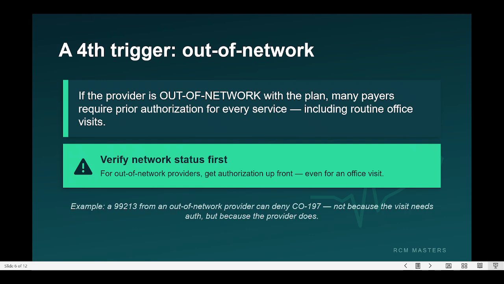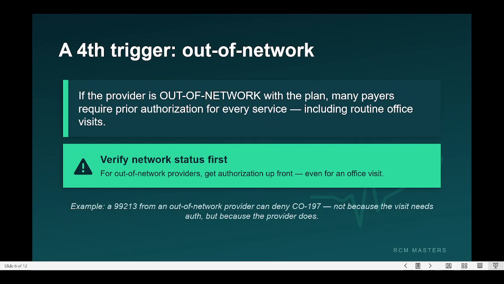Now, here's a trigger most people miss. You don't only get CO-197 when a specific service needs prior authorization. If the provider is out of network with that plan, many payers require prior authorization for every service from that provider, including routine office visits.